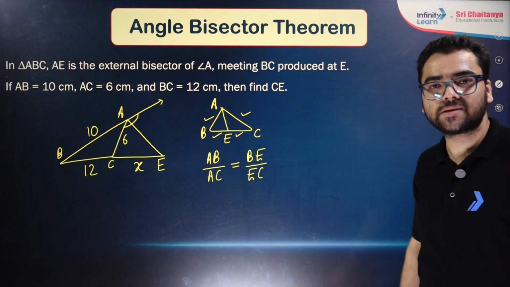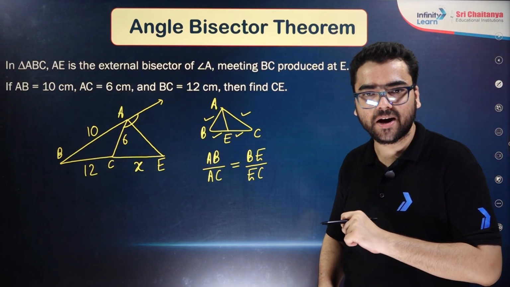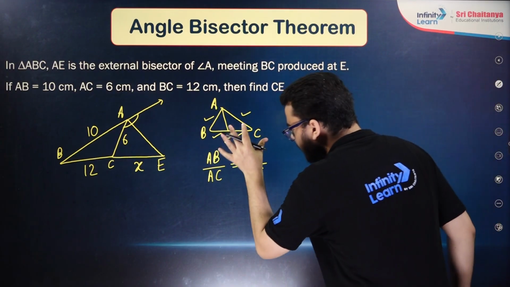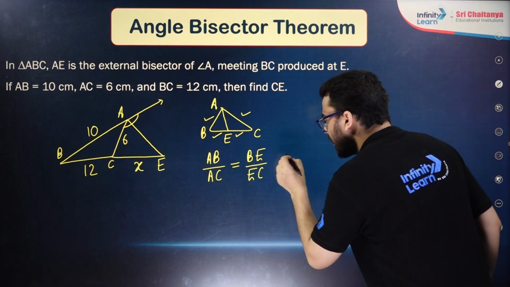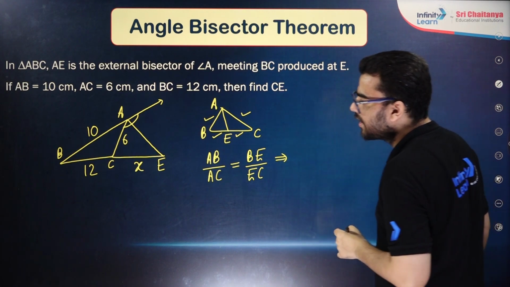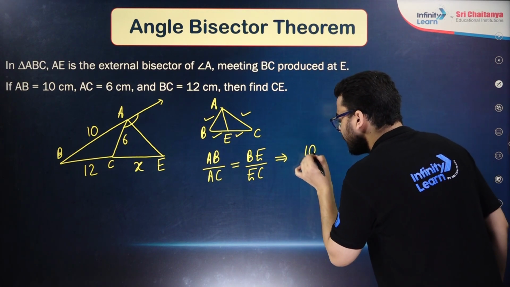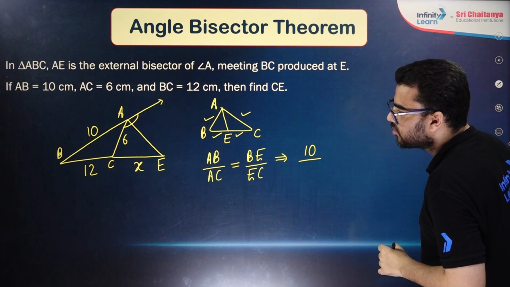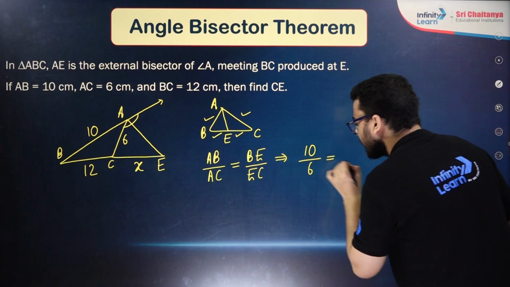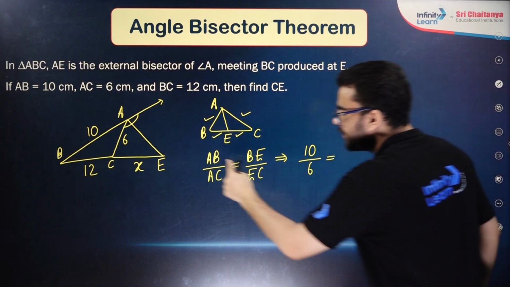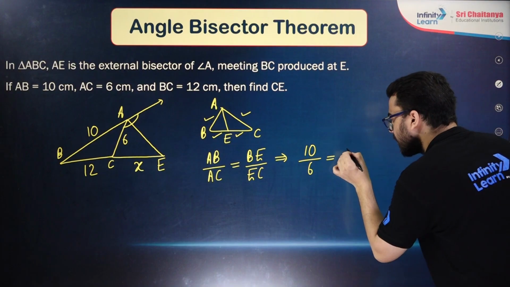That's the statement as per the internal angle bisector theorem, right? Now just the exact result will be applicable over here as well. AB is what over here, guys? AB is 10. What is AC over here? AC is 6. What is BE over here? BE is X plus 12.